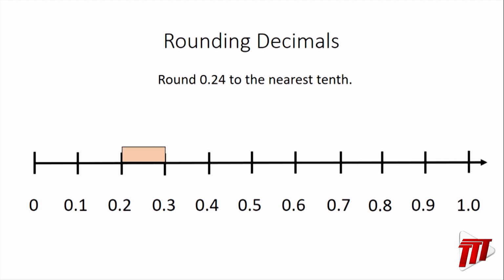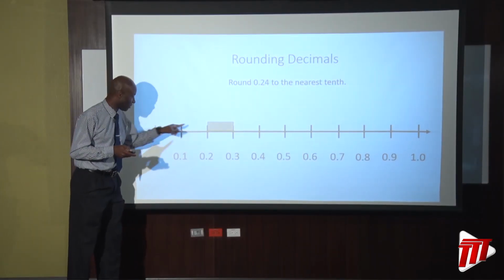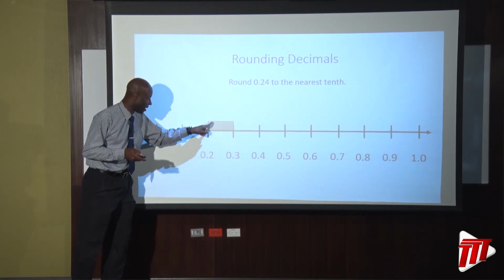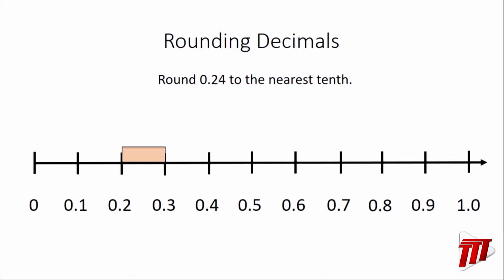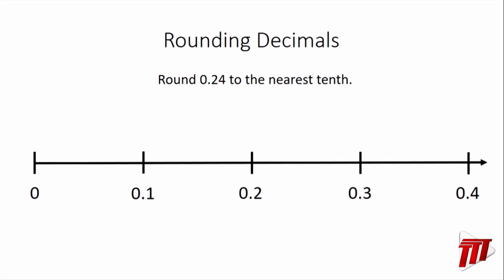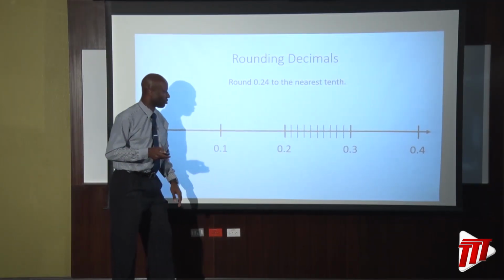Remember that 1/10 is going to be 10 hundredths. So from here to here is 20 hundredths, and 24 hundredths is going to fall between 2/10 and 3/10. So I'm going to zoom in to that particular area there.